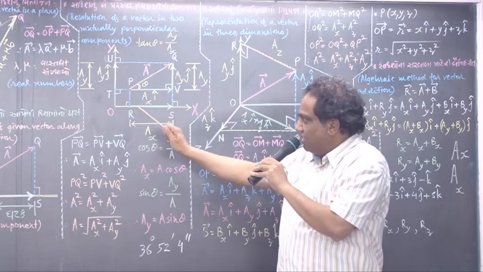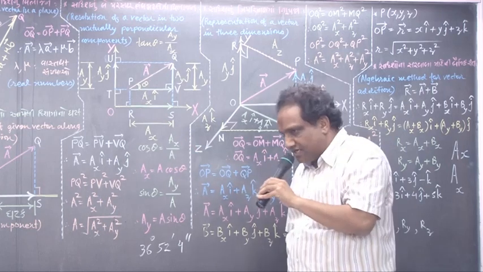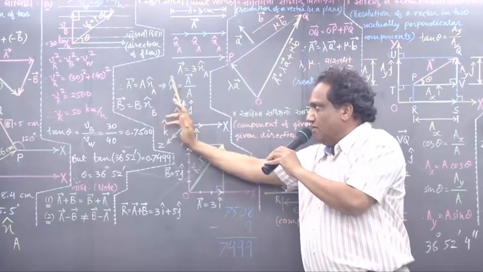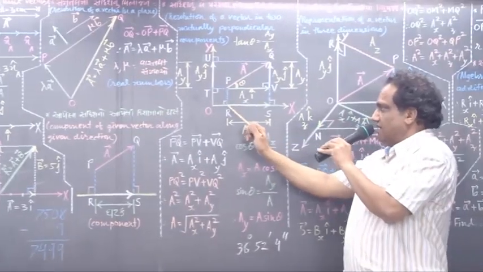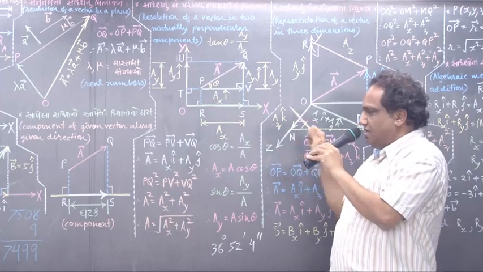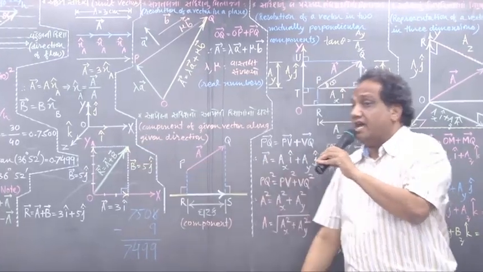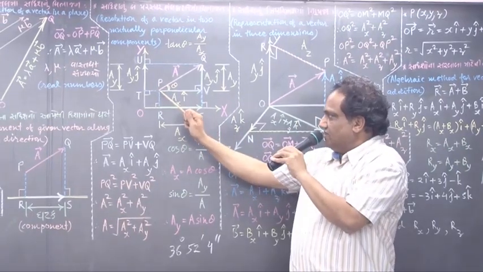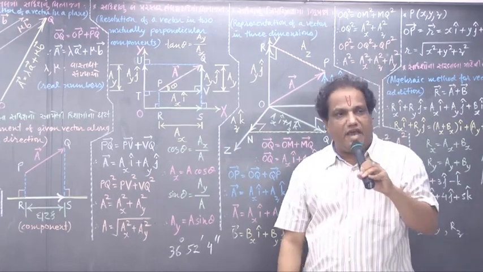Vectorially you can write vector RS, from R to S, with an arrow. A vector equals magnitude multiplied by unit vector, here the unit vector along the x-axis, which is i hat. Now this vector and this vector are the same. It is AX i hat.